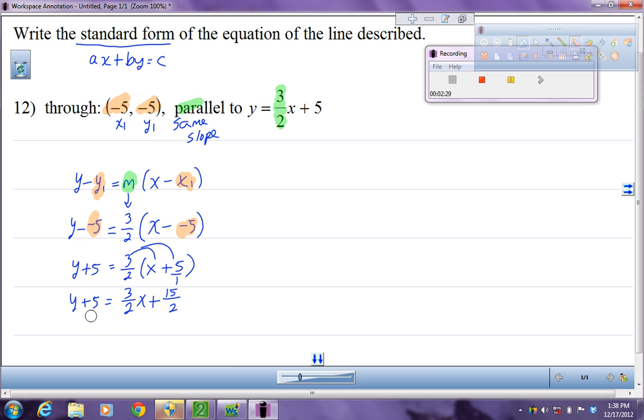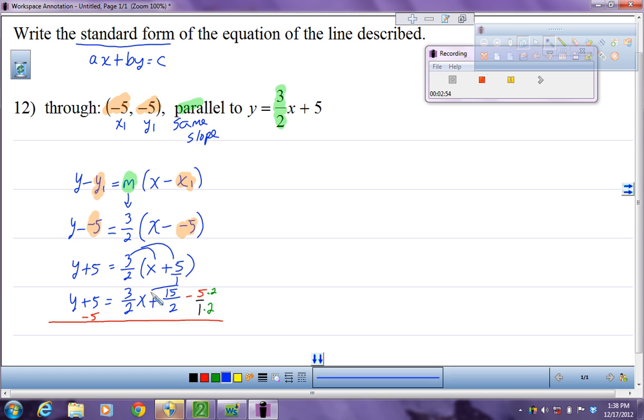So the inverse of +5 would be -5, and I would put it over here on top. I like to put that number over 1, and I can see my common denominator should be a 2. So that means I need to multiply this by 2, multiply this one by 2.